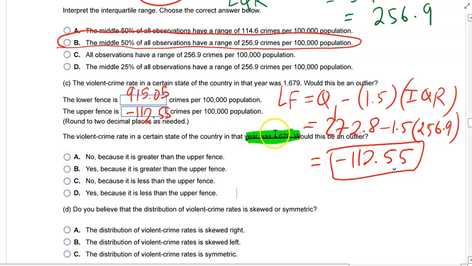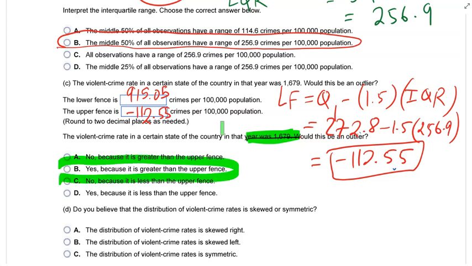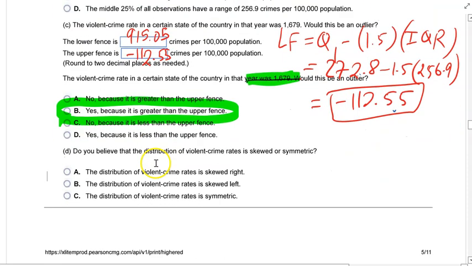Anything outside the fences, bigger than the upper fence or smaller than the lower fence, is called an outlier. The answer is yes, because it is greater than the upper fence. This number is outside the fences, therefore it is an outlier.